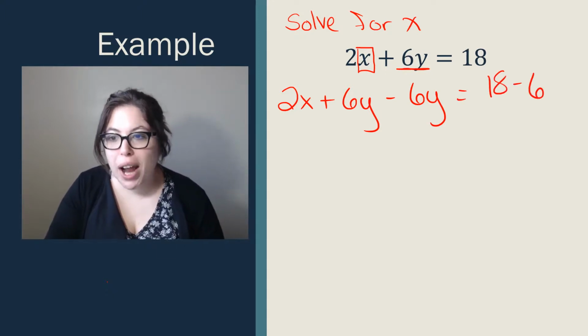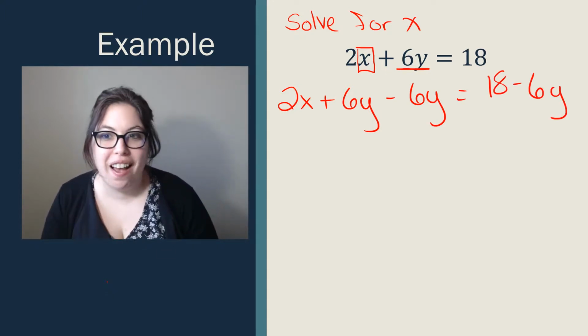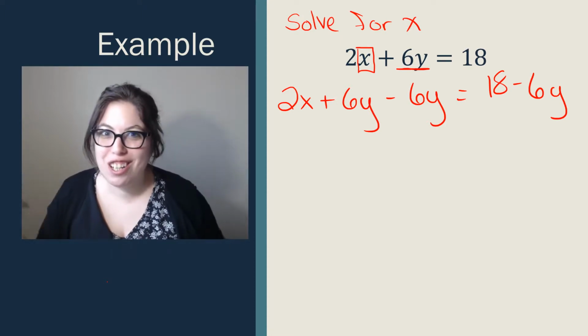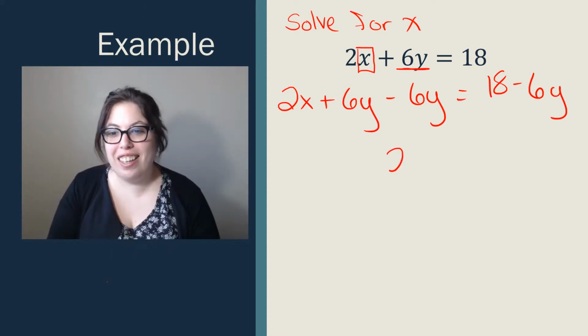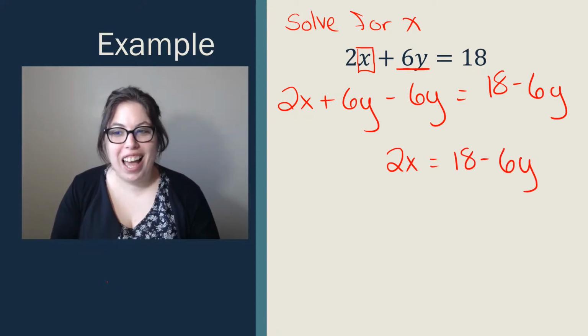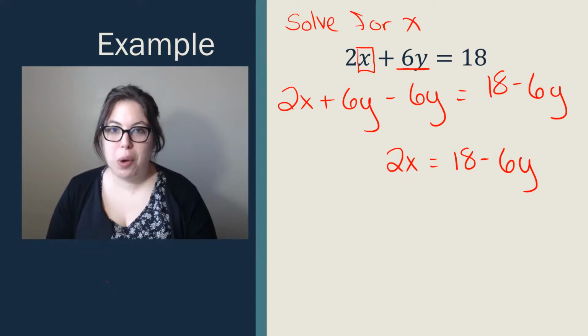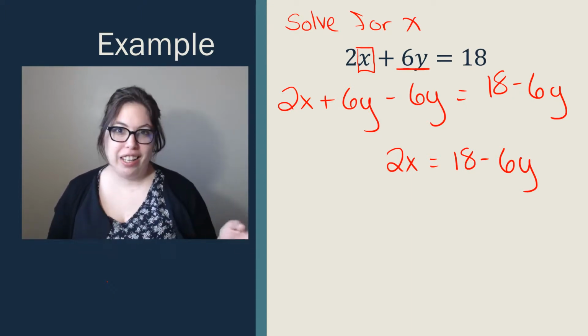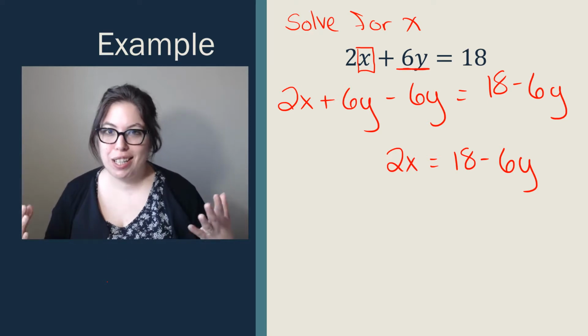So I'm going to subtract that 6y from both of the sides. Okay, so 6y minus 6y, don't overthink it, that is 0. It goes away. I cannot subtract 6y from 18 because they're not like terms. So I'm just going to leave it like that, 18 minus 6y.